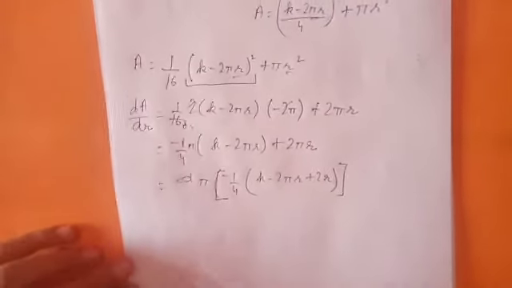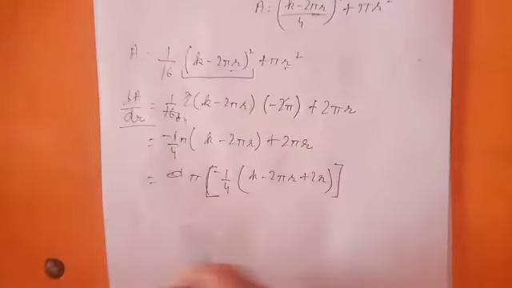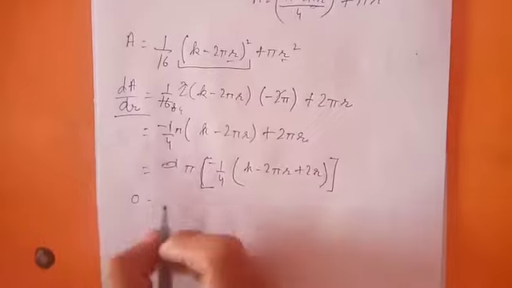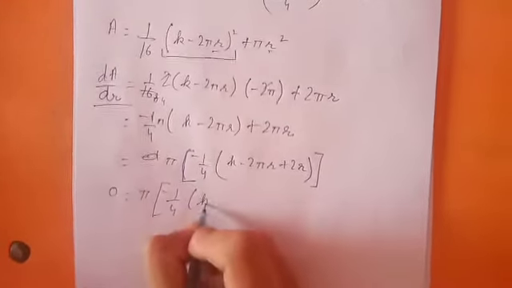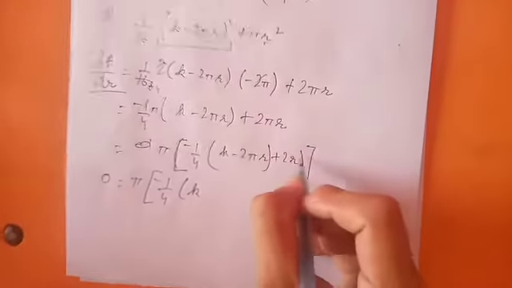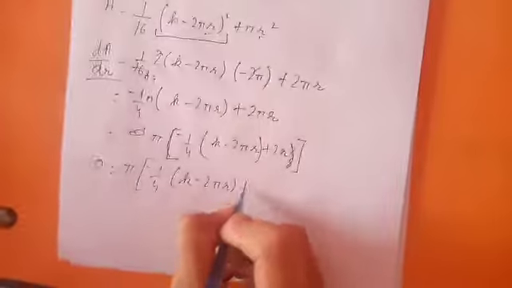Now for maxima or minima, I can put my first derivative as 0. So 0 will be equal to pi into minus 1 by 4 into (k minus 2 pi r) plus 2r.